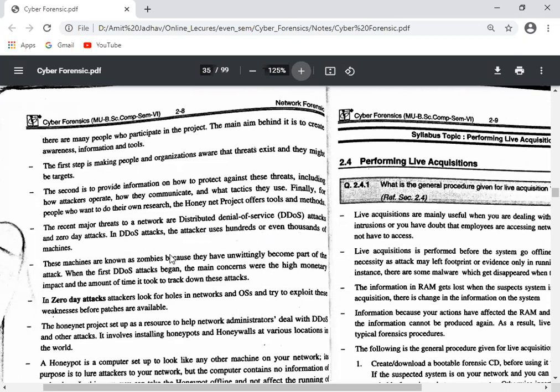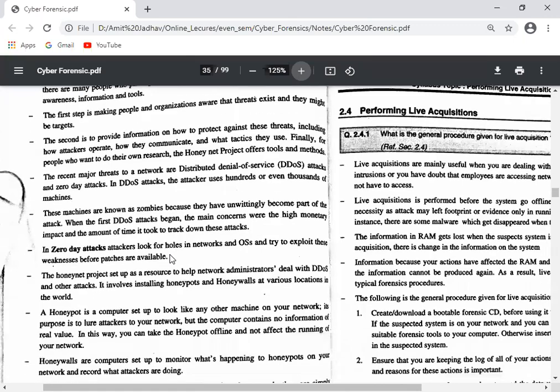So in distributed DoS, the attacker can attack thousands of computers at a time. It is not only concerned with a particular organization; it also attacks its different branches, where all the machines are connected through LAN, WAN, MAN.